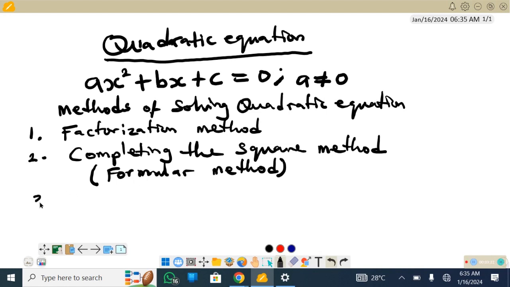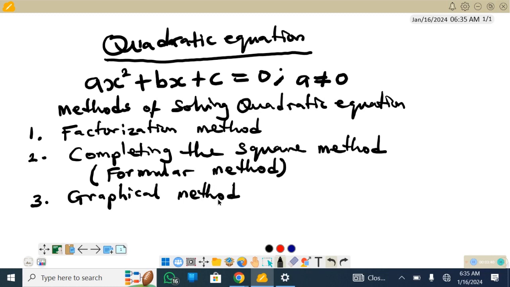Then the third method is the graphical method. So these are the three basic methods of solving quadratic equation.